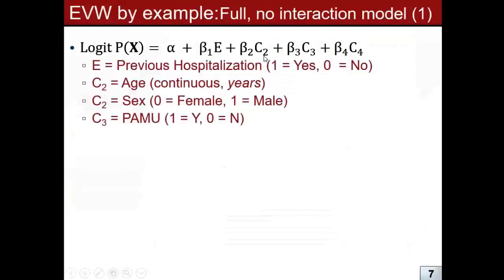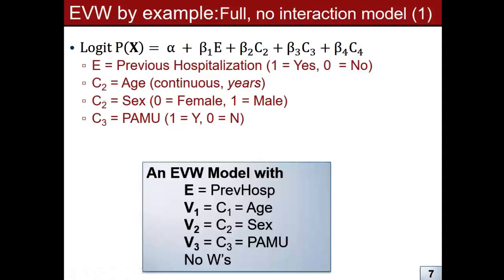Okay, pretend these are 1, 2, 3 or similar, and that these correspond to them. The basic idea is you have 3 C variables, each with their own coefficient, betas. In this situation, the C is age, sex, and PAMU. I'm sorry, these numbers don't line up. So this is a model that had an E and 3 C's.